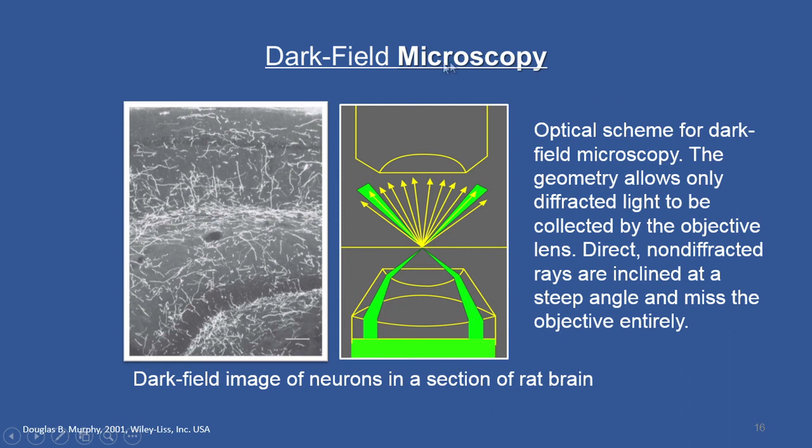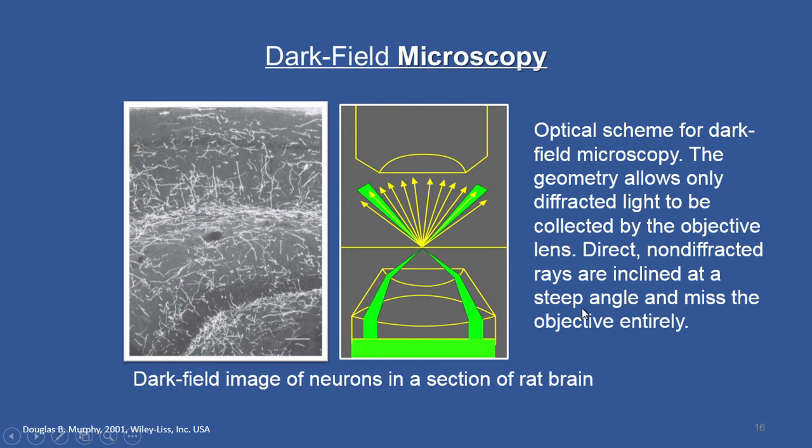If you look at the optical scheme for dark field microscopy, the geometry allows only the diffracted light to be collected by the objective, and direct, non-diffracted rays are inclined at a steep angle and miss the objective entirely.